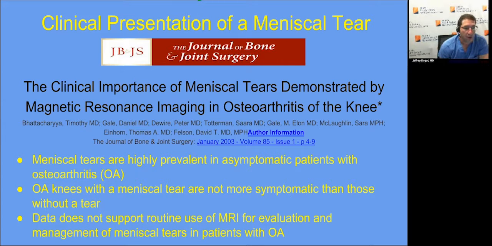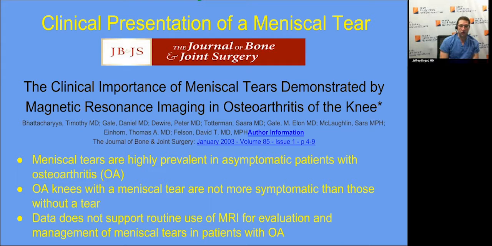And what they found in this study was that asymptomatic patients who have arthritis in their knee, 76% of them will have meniscal tears. So they're very common in patients who have osteoarthritis who don't even have any symptoms. Now, patients who had arthritis and had symptoms in their knee, 91% had meniscal tears. But interestingly, their pain scores didn't vary between patients who had meniscal tears and didn't have meniscal tears.